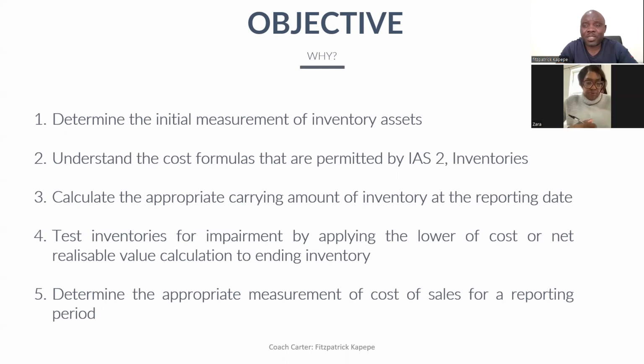What's the objective of this particular lesson? By the time we are done, you should be able to determine the initial measurement of inventory assets. We know that inventory assets are those that are usually consumed or used within a year.